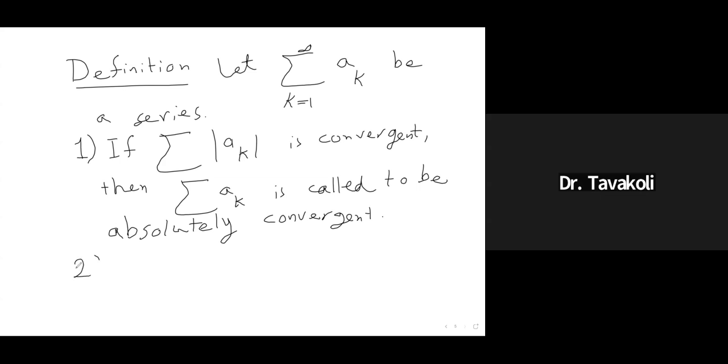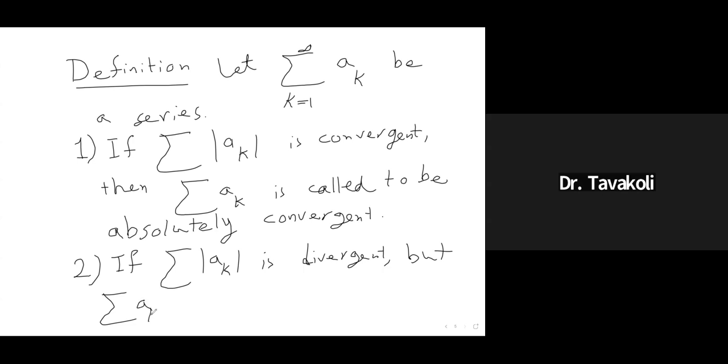And part two, if sigma of absolute value of a_k is divergent, but sigma of a_k without the absolute value sign is convergent, then we call sigma a_k to be conditionally convergent.